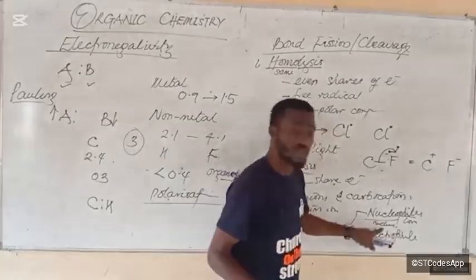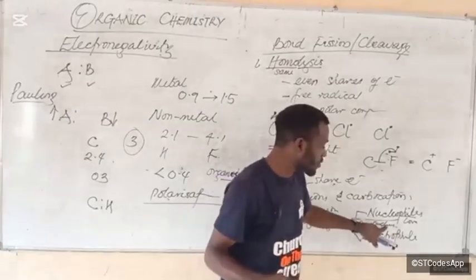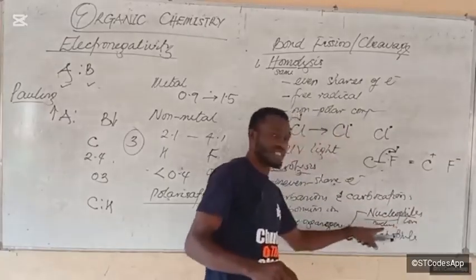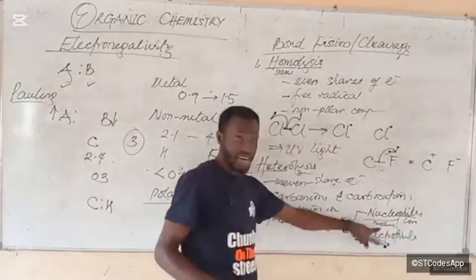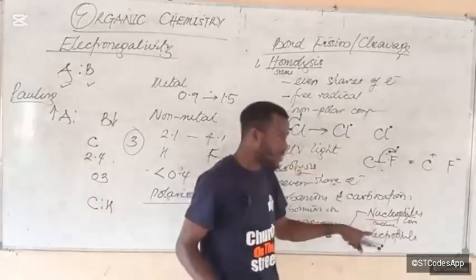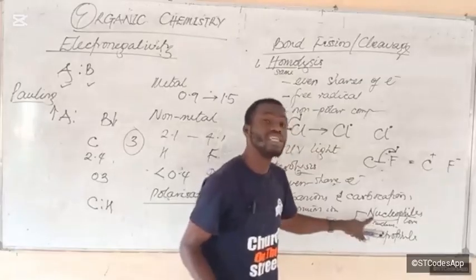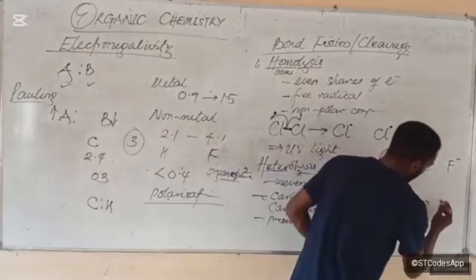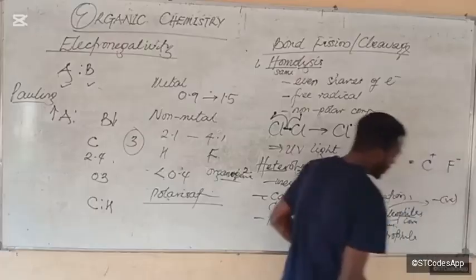So the charge of the nucleus is positive. Since the charge of the nucleus is positive, this nucleophile loves a positive charge or a positive center, right? So if it loves a positive center electrostatically, it means that it's what? A negative charge. So it's going to be a negatively charged organogen. Negative organogen.